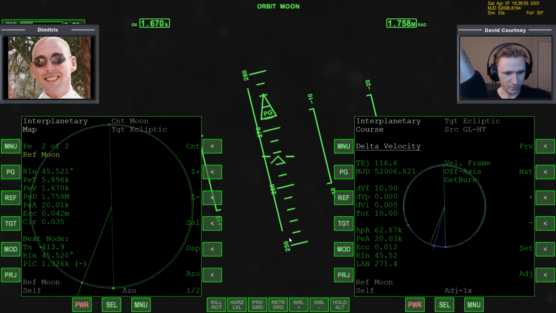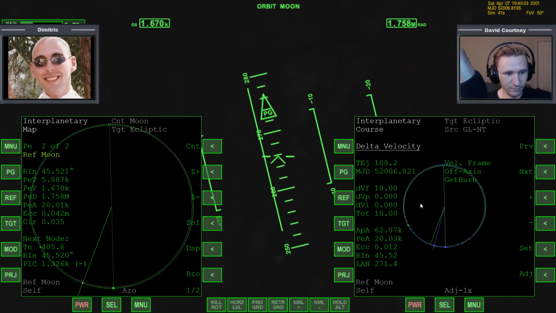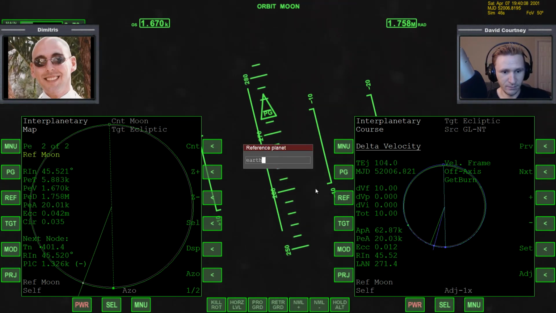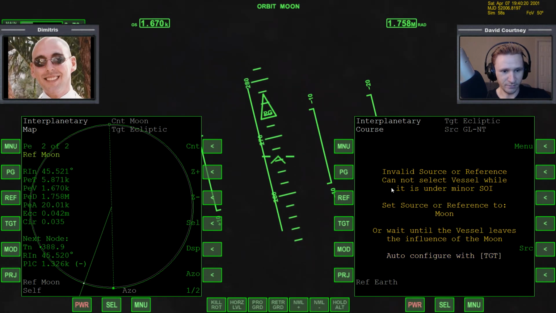Okay, course delta V. Oh no, it's gone. How about the reference, okay, we can set it up again. Is it reference Earth or is it? Sorry, are you talking about the left side or the right side? I'm talking about the right side.